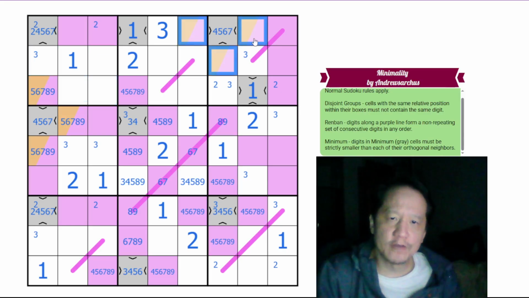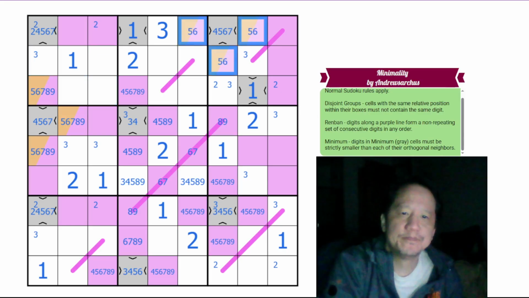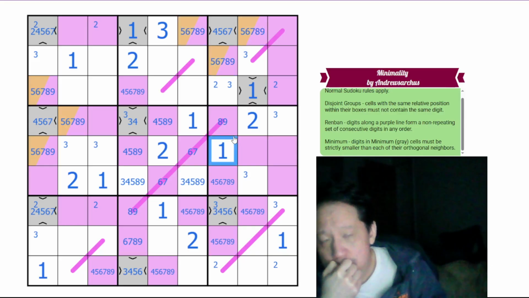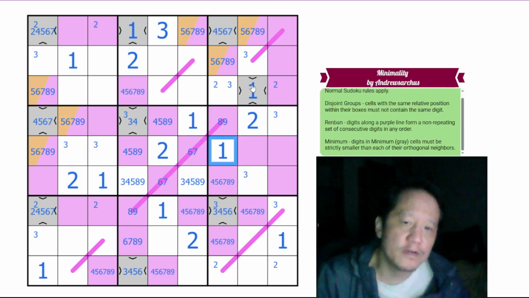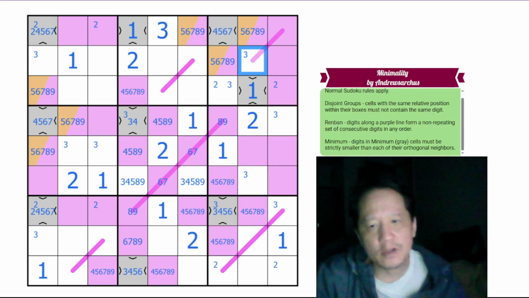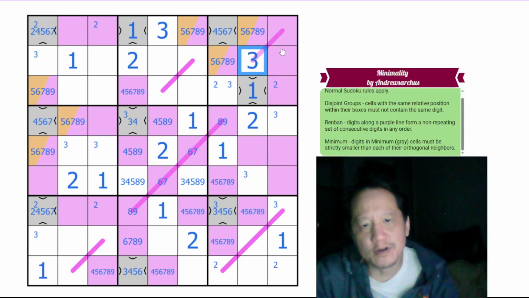So these are 5 through 9 here. If you have 3 here... Okay, let's try. What happens if we have 3 here? If we have 3 here, this is 4. 3 eliminates 3 from being here, so that's 3.